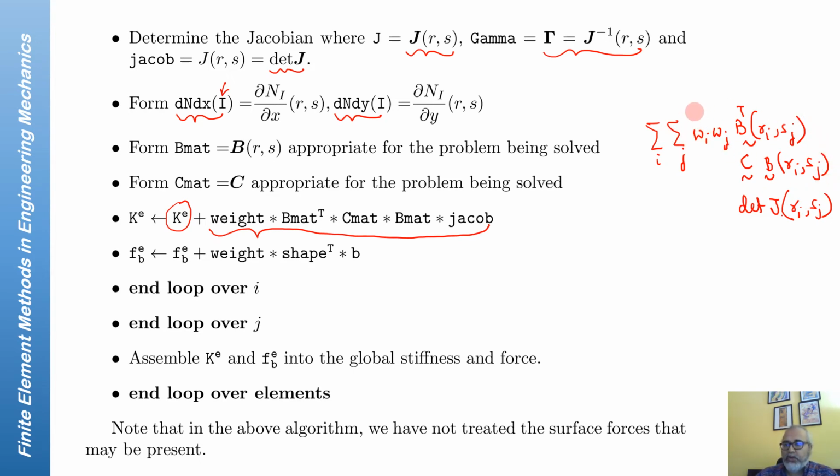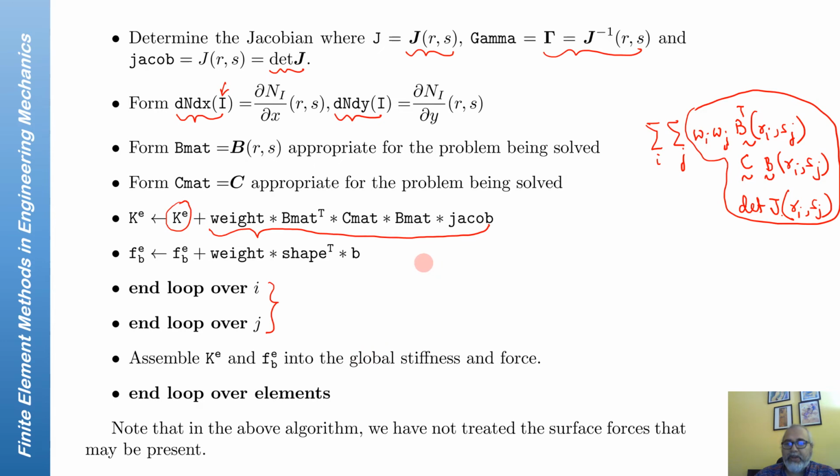And what you are doing is taking one term here and adding it to this Ke, so that at the end of the loop, you get the full integral with the summation back. You do the same thing with the body force, and then finally assemble it into the global stiffness and force in the loop over elements.